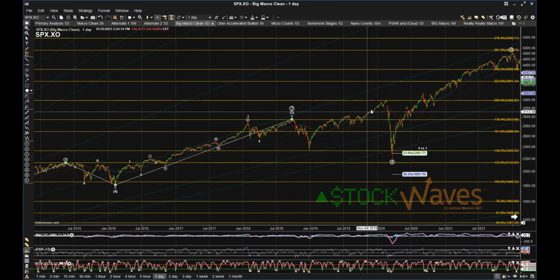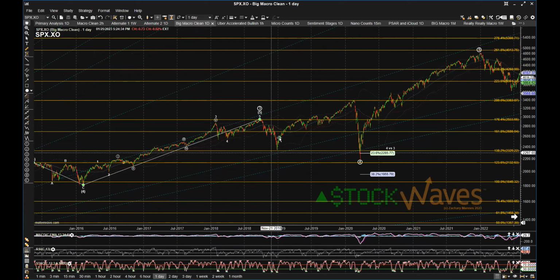And one of the things that we saw that was very, very weak as we continued to tick higher in the market overall into December and January, December 2019 and January 2020, we were really concerned about the financial sector and a lot of the XLF names that we saw very clearly looked like this was still a corrective B wave, even though it was exhibiting some characteristics of the start of a bullish Fibonacci PinBall move.